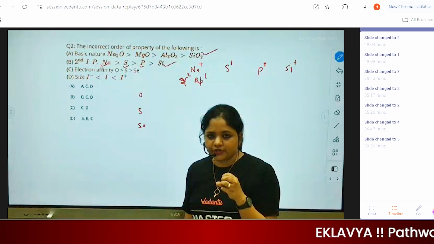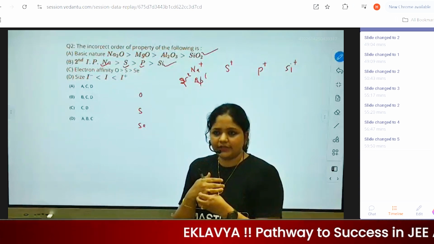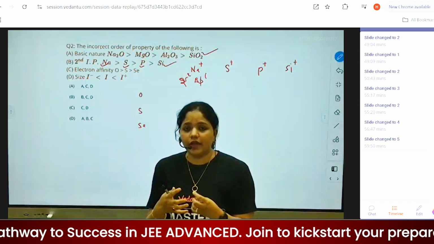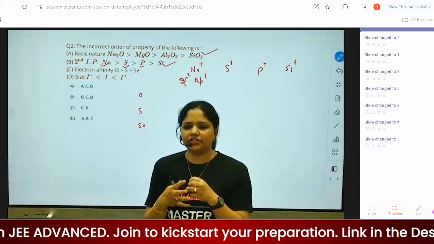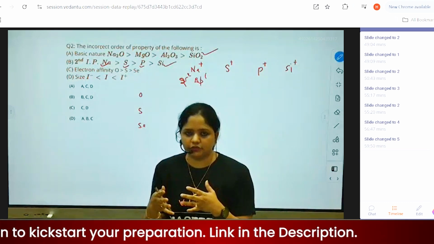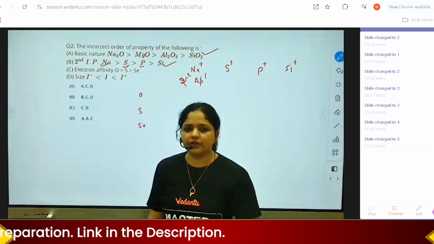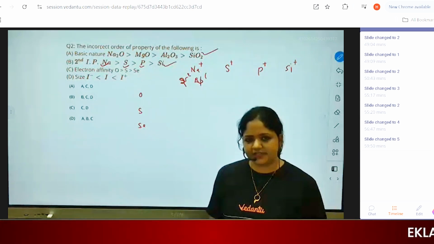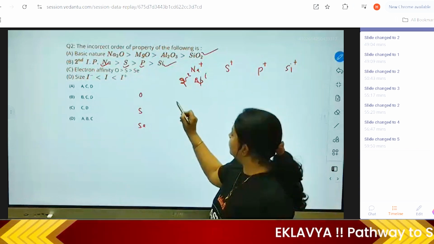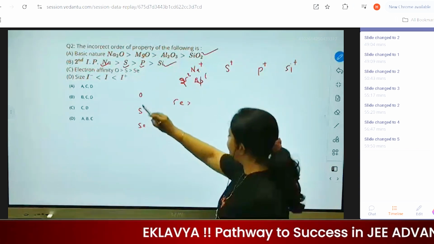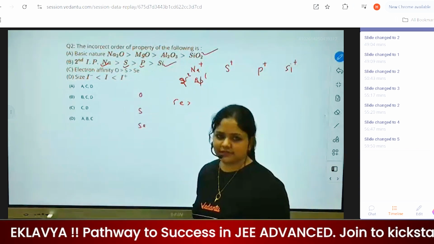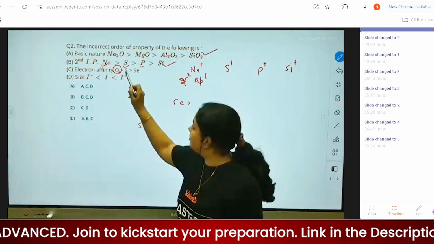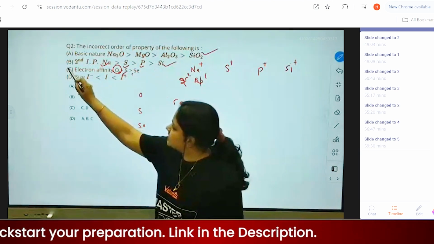If an electron is incoming, it definitely will have affinity for it, but at the same time, due to high nuclear charge density, there exists repulsion also, because of which its electron gain enthalpy or electron affinity overall decreases. So here the correct order would have selenium first, and oxygen will come at last. Oxygen is not maximum, but minimum. So this is incorrect.